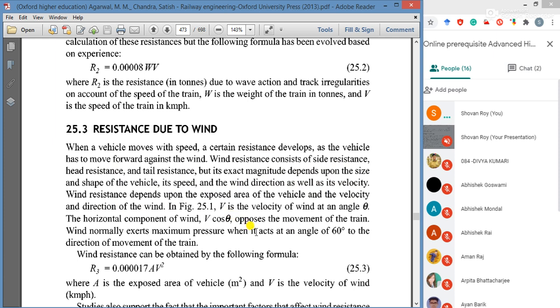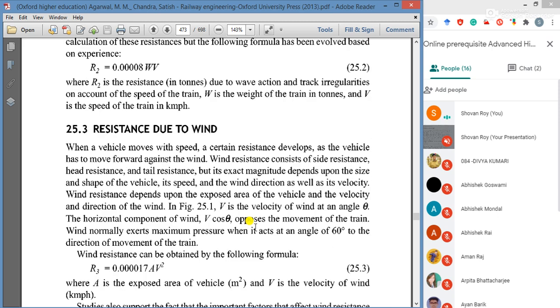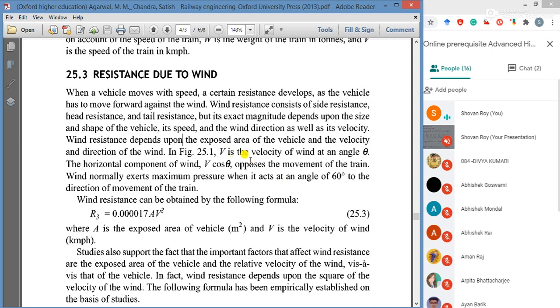Okay. Normally, as we know, suppose I'm describing, V is the velocity of wind at angle theta. When any angle is there, if we need it in the x direction, then we convert it to V cos theta.